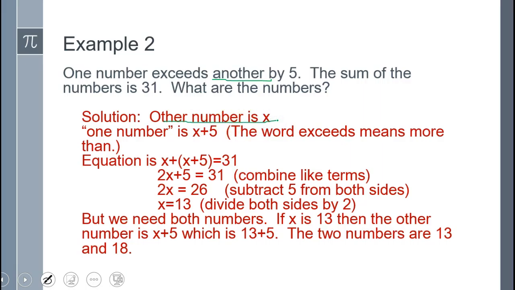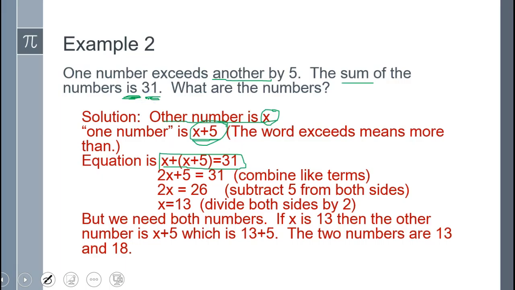And my number, one number, is x plus 5. It exceeds the other number by 5. Now it talks about the word sum. Sum means add together. So I have to take one number plus the other number and add them together. And I'm told this is, which gives me my equal sign, 31.